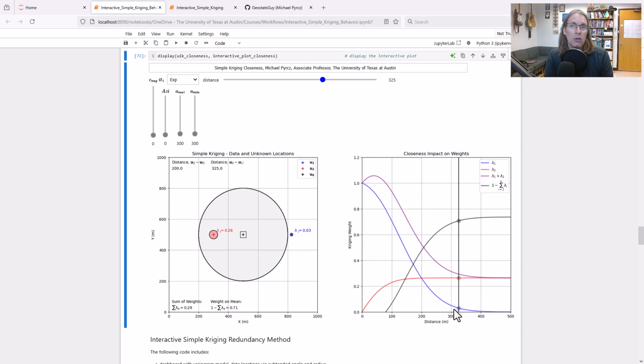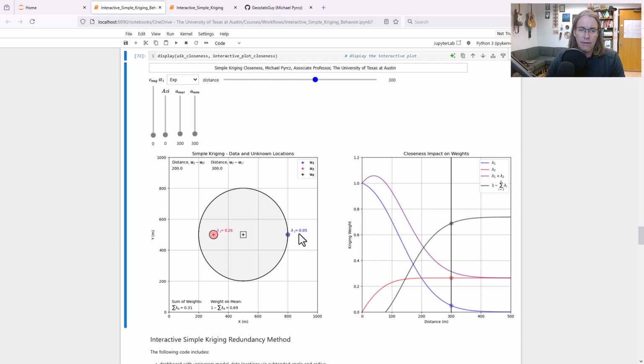The parametric model for exponential, that positive definite structure, is an asymptotic function. It reaches the sill asymptotically, which means it never gets there. And so we have to call the range at a convenient level of the sill. So we say 95%, 5% remaining to reach the sill, and we call that the range. And you can see that right there.